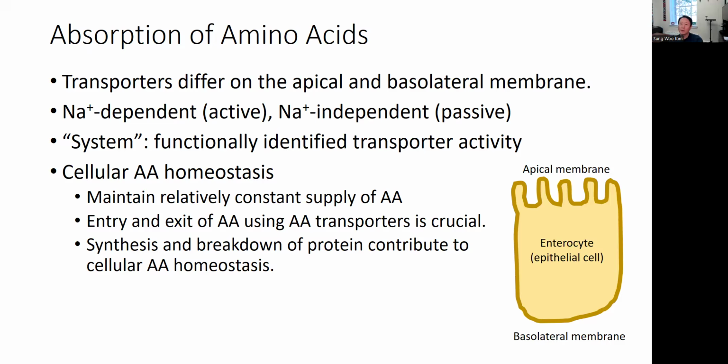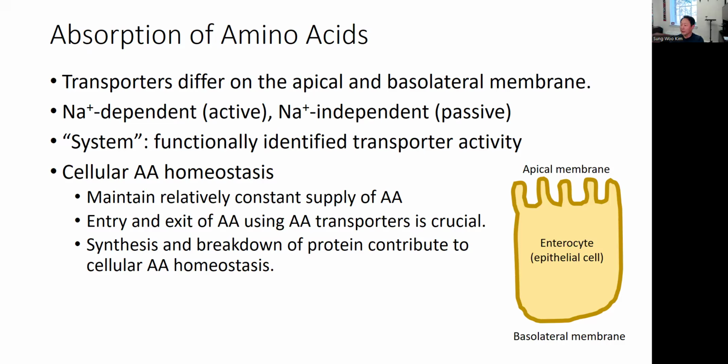Here, I'd like to introduce a term called system. System is the collective term that we use for the amino acid transporters. We call them system. There are many of them, and they are functionally different in terms of which amino acid will be taken by which system.